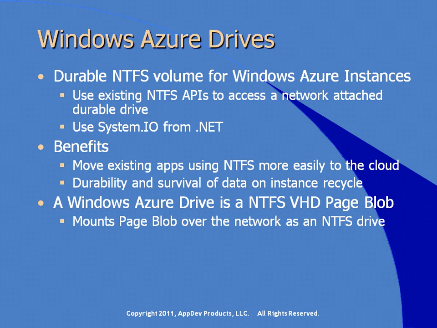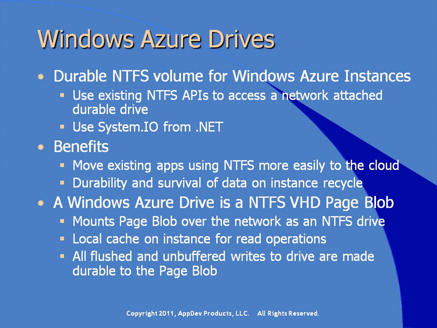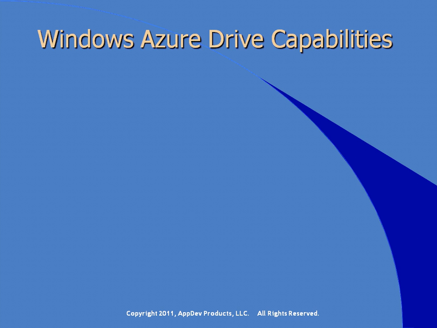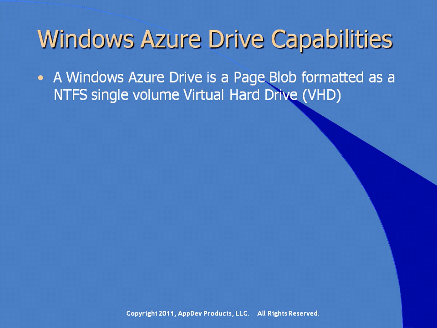These page blobs can be mounted over the network as an NTFS drive, and they have local cache on instance for read operations. And on page blobs, all flushed and unbuffered writes to drives are made durable to the page blob. So from a capability standpoint, a Windows Azure drive is simply a page blob formatted as an NTFS single volume virtual hard drive.